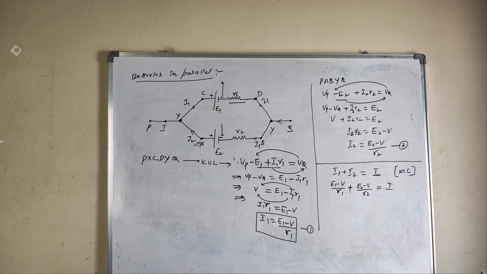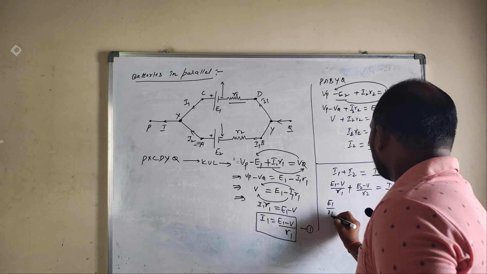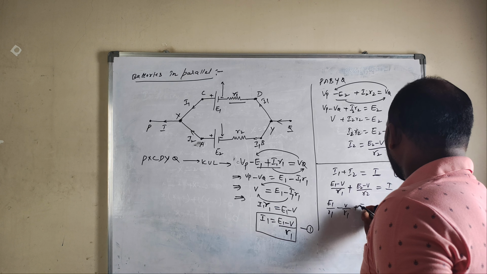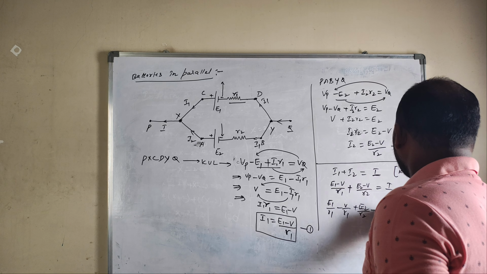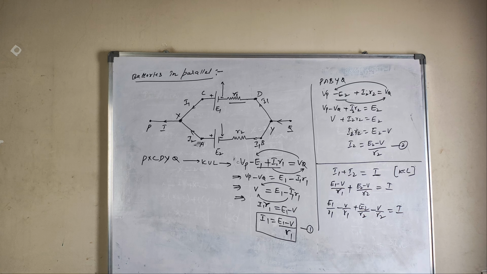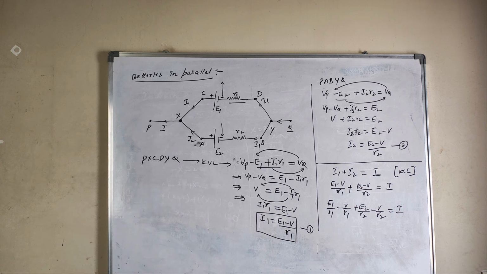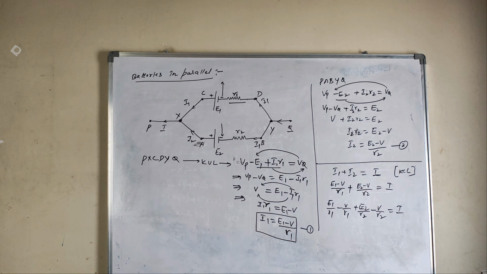Keep that aside. Next, we have to divide individually. So V1 by R1 minus V by R1 plus V2 by R2 minus V by R2 is equal to I. Keep in mind, guys, what is our equation? Our equation is very clear. I already told you the discharging equation.